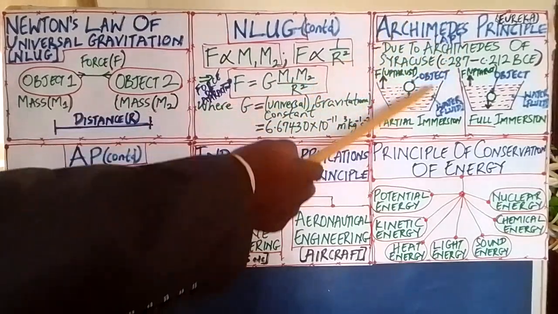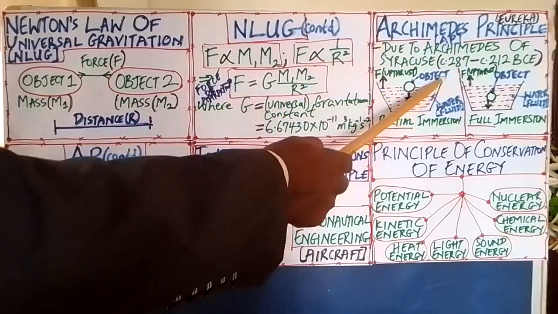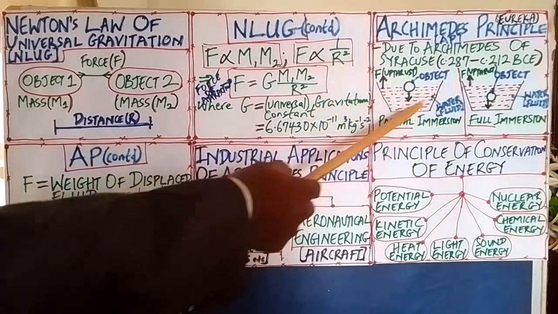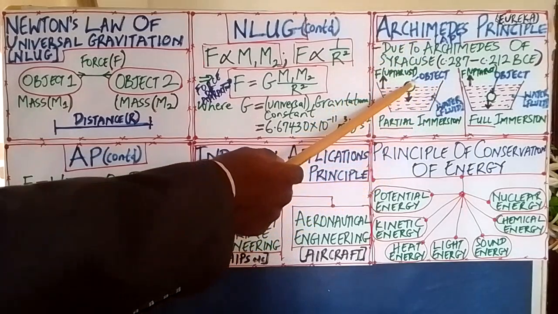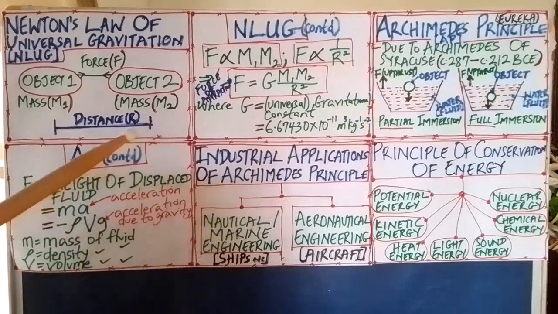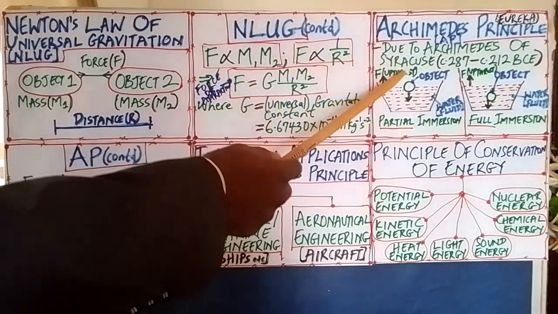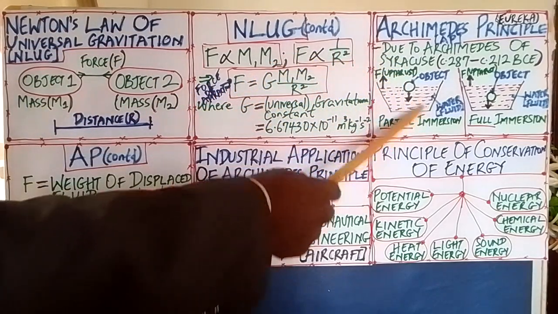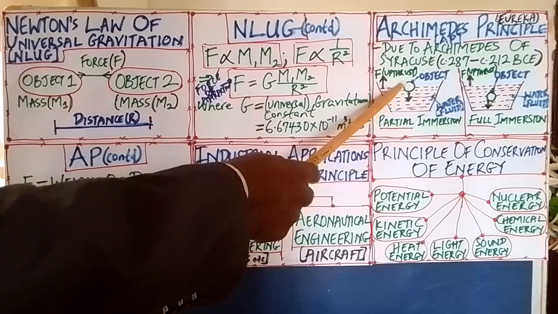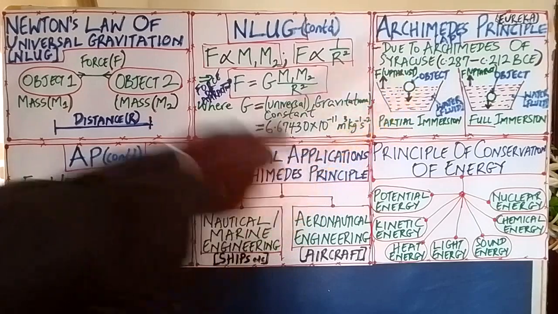So the principle: we can see what we have used to represent the bathtub, the water inside the bathtub, and an object here. The principle is relevant to the situation in which the object is partially immersed in the water. You can still see some parts of the object that are not in the water, while some parts are in the water.